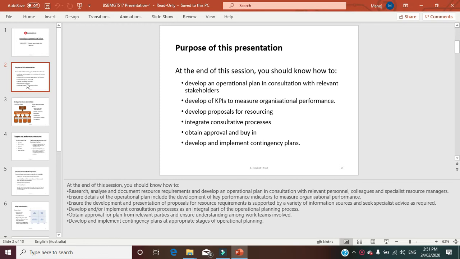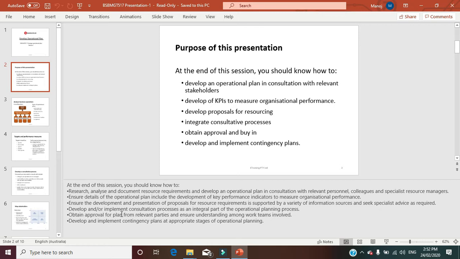You should also be able to develop KPIs to measure organizational performance, develop proposals for resourcing, integrate consultative processes, obtain approval and buy-in, and develop and implement contingency plans. On top of that, you would also know how to analyze and document resource requirements and develop an operational plan in consultation with relevant personnel, colleagues, and specialist resource managers.